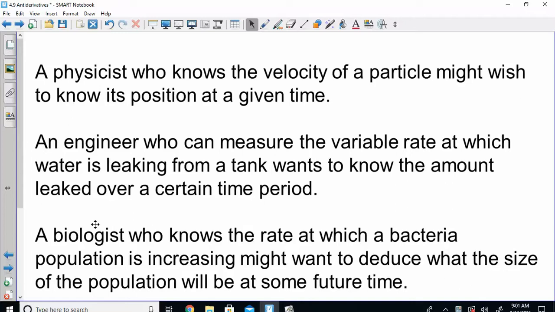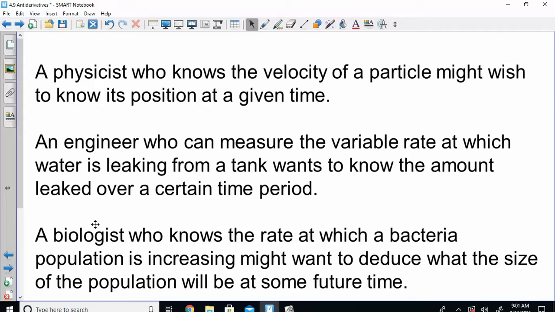But what if you don't know the position? What if you know the velocity, the speed it's traveling? Wouldn't it be useful to find the position at a given time? If we shoot a rocket, we can know what speed it's going, but don't we need to know where it's going to be at a given point in time? So sometimes you start with that velocity and you have to go backwards to get your position.